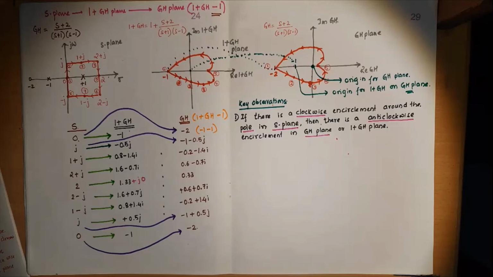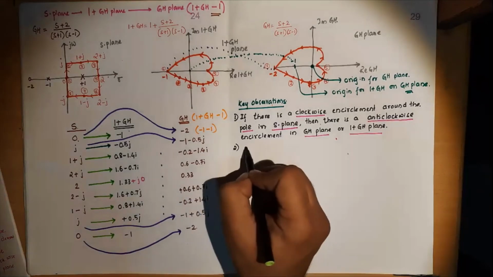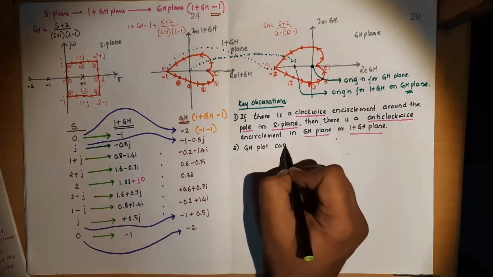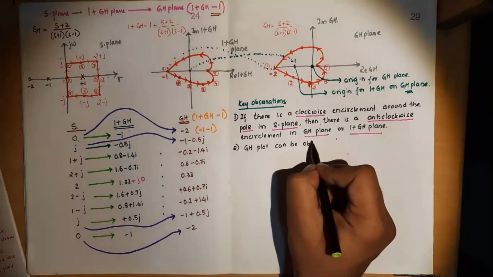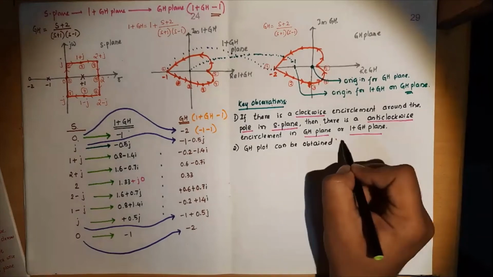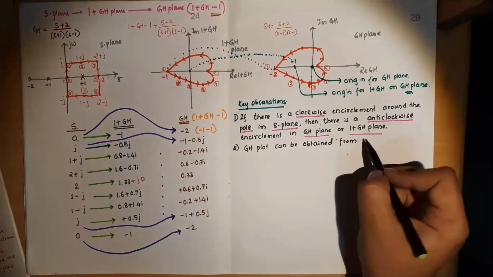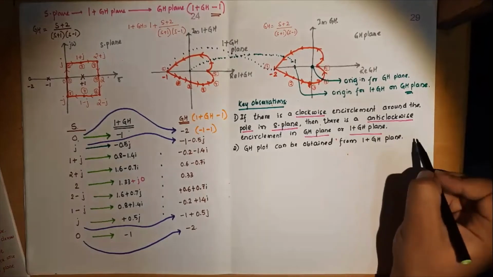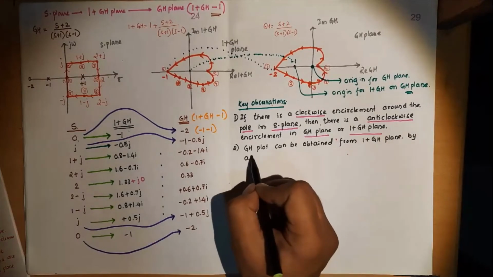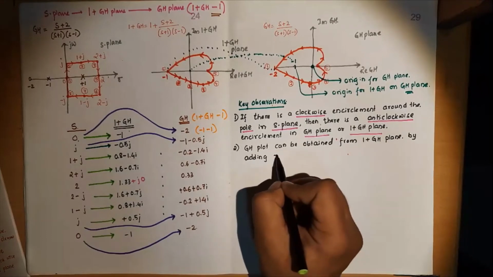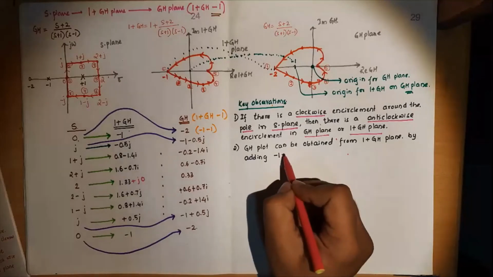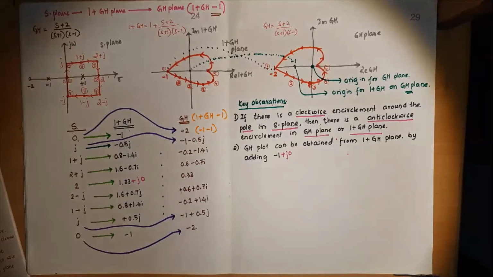What is the second observation? GH plot can be obtained from 1 plus GH plot, 1 plus GH plane, by adding minus 1. So not just minus 1, I will make it as minus 1 plus j0, which is as good as minus 1.